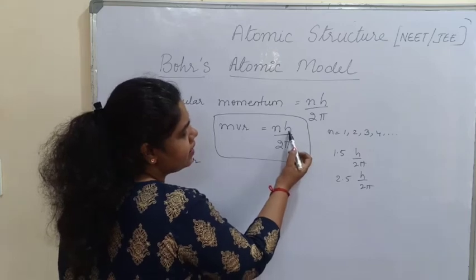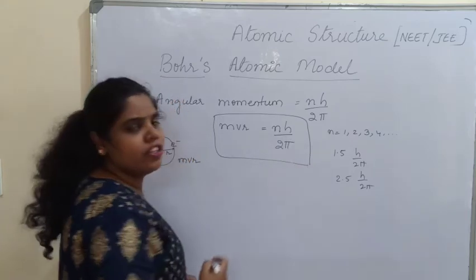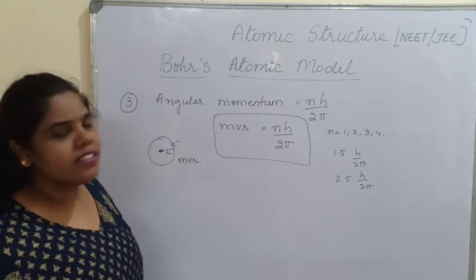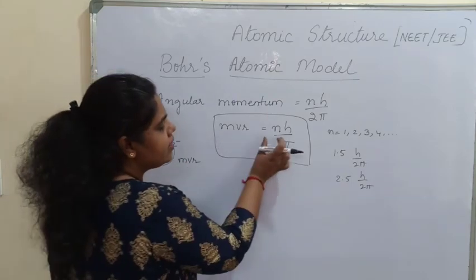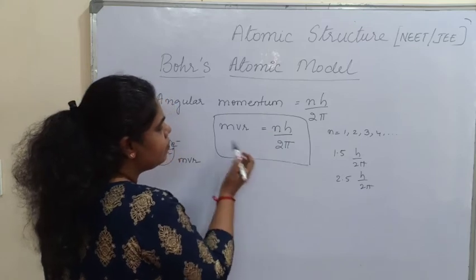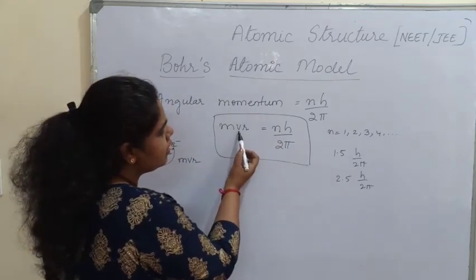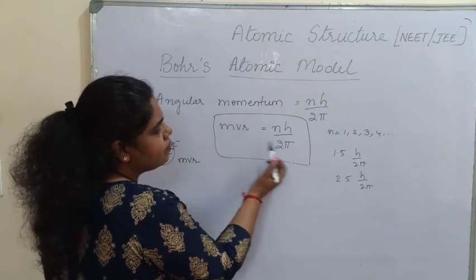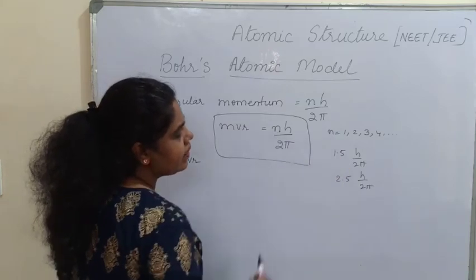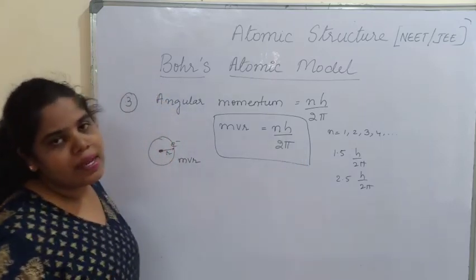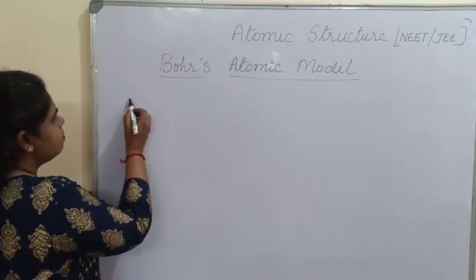So angular momentum can be calculated using mvr is equal to nh by 2 pi, where m is the mass of the electron, v is the velocity of the electron, r is the radius, n is the integral multiple and h is called Planck's constant.